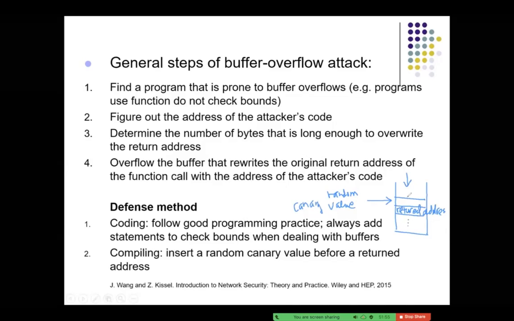So you need to override that canary value, and it is hard to guess what it is without rewriting it, because it is random. Hence, if this canary value is changed, then of course it will know, and the program is not going to run.